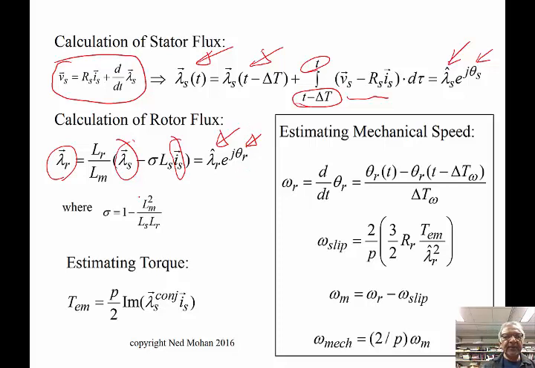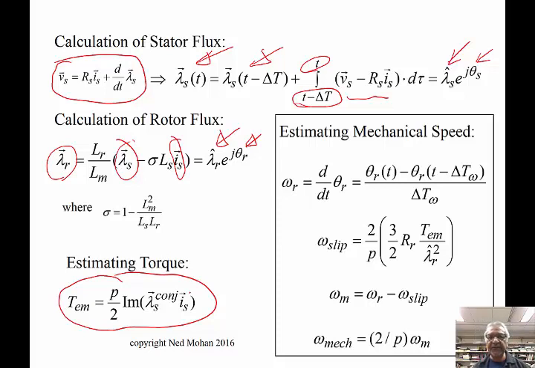Then we can write the equation for estimating torque, which turns out to be of this form. As you can see, this is the imaginary part of lambda sub s conjugate and I sub s. That allows us to compute the electromagnetic torque without having to actually measure it.